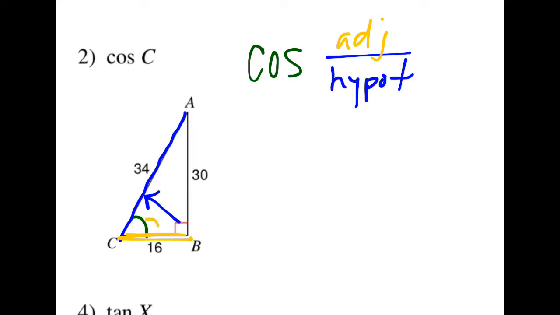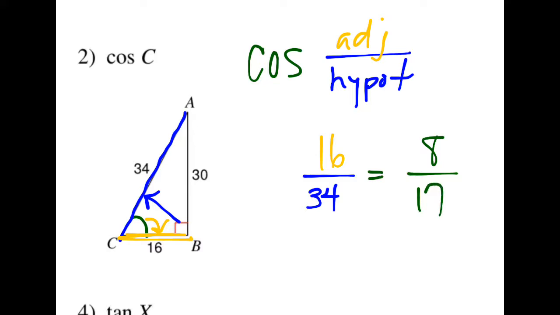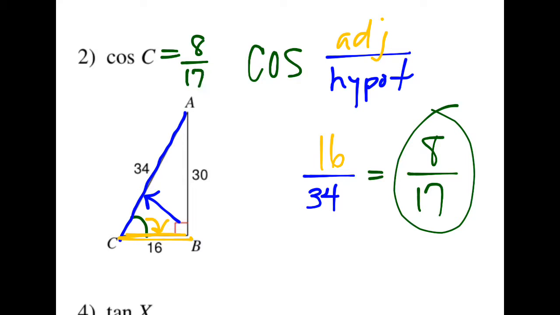It's the one that touches the angle and is not the hypotenuse. So in this case, that would be 16, and my hypotenuse is 34. I could just divide both of these by 2. I don't think I could do anything else. That gives me 8/17. That's my answer for this one. The cosine of angle C is equal to 8/17. You could write it like this as well, right up there.